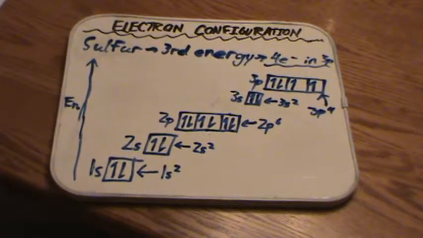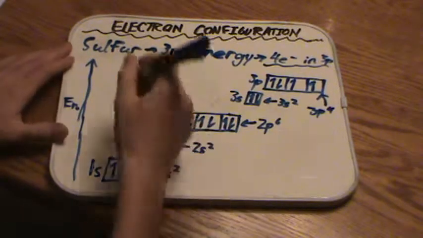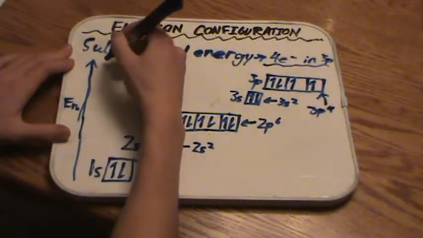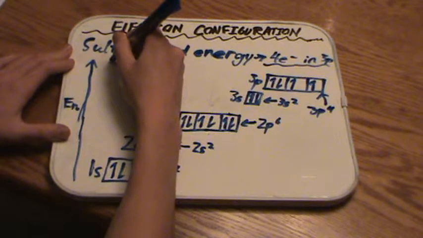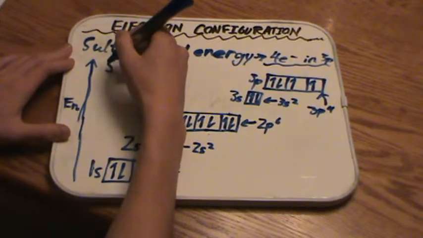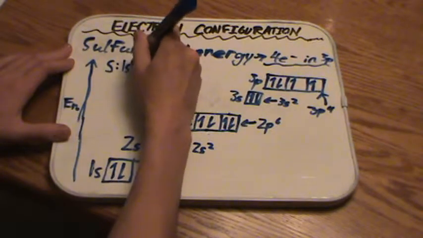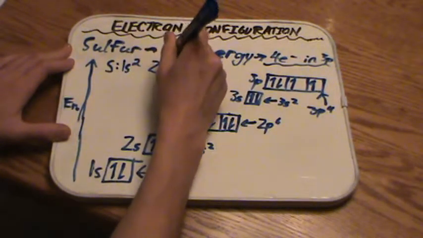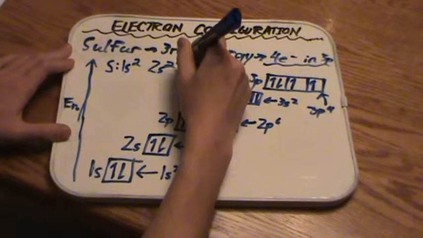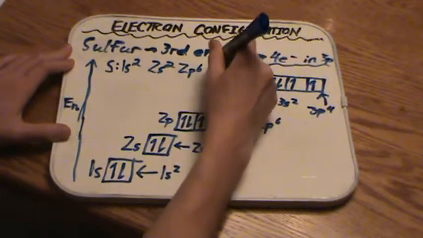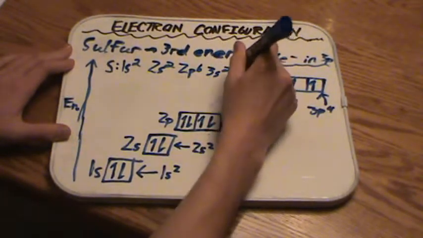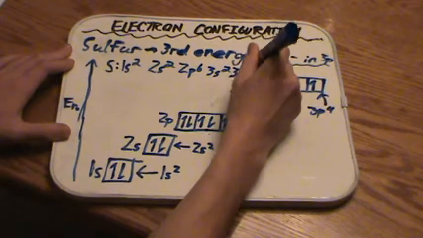So if we put this together in an expression, the electron configuration of sulfur is 1s2, 2s2, 2p6, 3s2, and then finally 3p4.